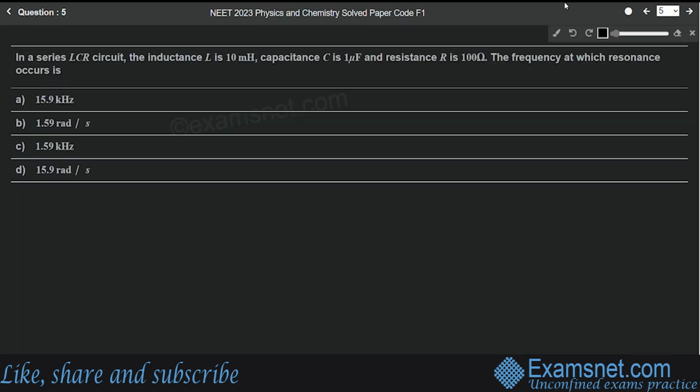Now question number 5 is from the chapter Alternating Current, and the question is: in a series LCR circuit, the inductance L is 10 millihenry, capacitance C is 1 microfarad and resistance R is 100 ohm. The frequency at which the resonance occurs is. We know that for resonance the frequency should be 1 upon 2 pi under root LC.